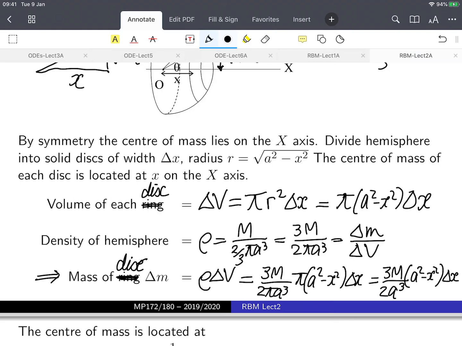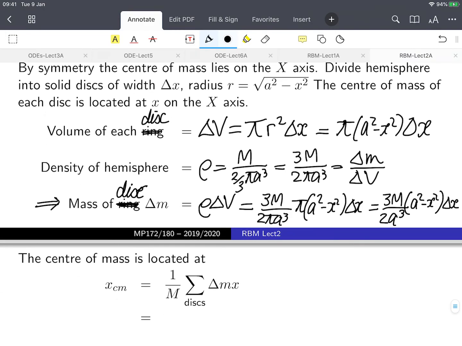Okay. And now I know the center of mass of each disk. I can write my formula for center of mass in general. I know that it's going to be like this. The weighted average of the position of each center of mass. Each center of mass for each disk is located at x. Each disk has mass delta m. That's the total mass. I just write that now.